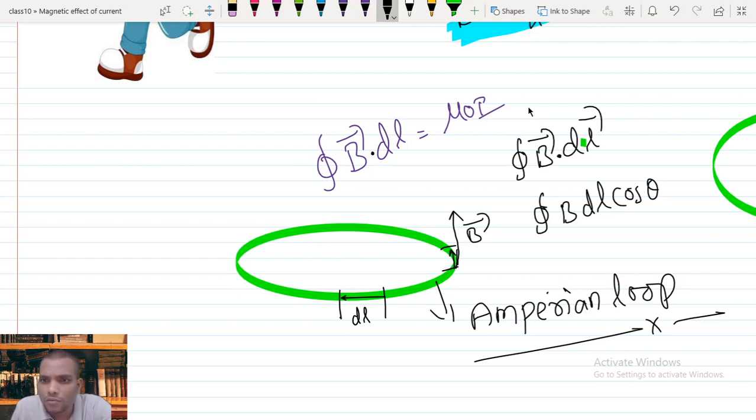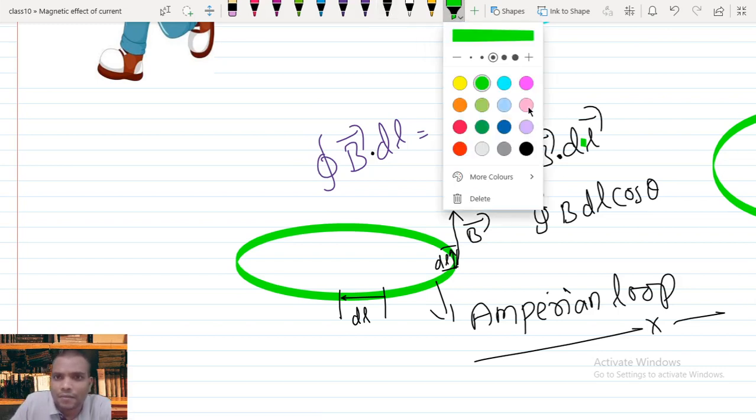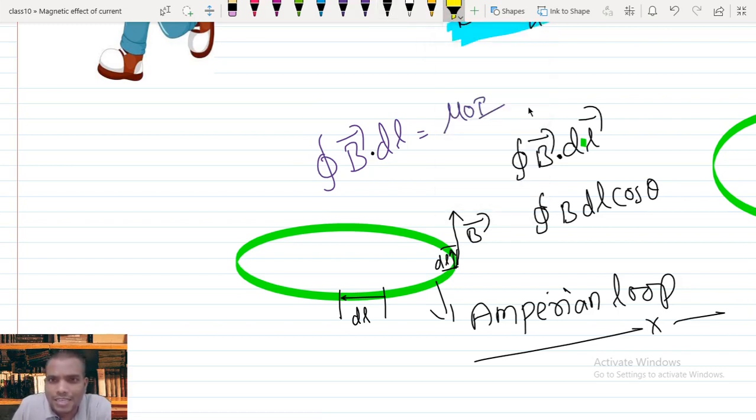Both are in the same direction, so the angle between them is theta equal to 0.